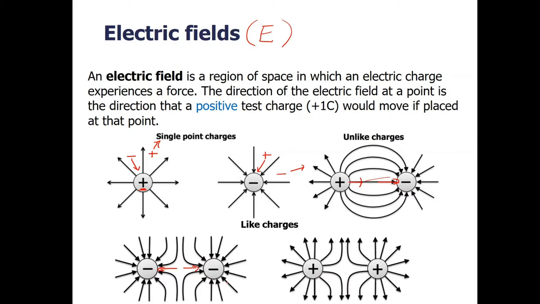So we would subtract the 2 fields in the middle to get the resultant. And if it's right in the middle of 2 identical charges, those 2 fields cancel out and give us a resultant field of 0. That's what this little space is for. This little space here shows us that somewhere between these 2 charges, there is a resultant field of 0. Okay, and the same with the 2 positive charges.